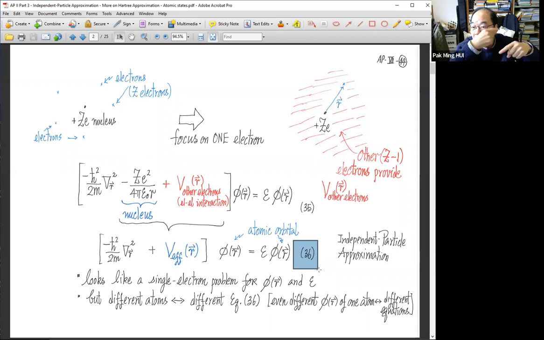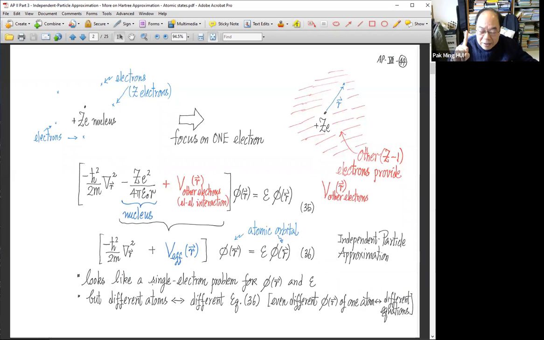This looping, self-consistent calculation. So remarks, this looks like a single electron problem, but that means there's a lot of hard work.